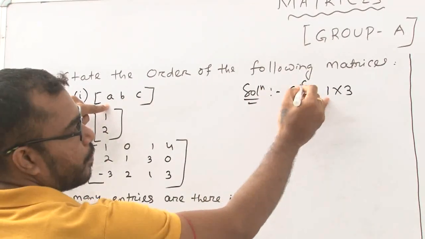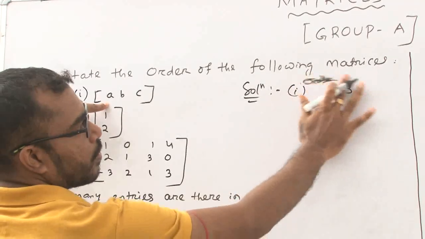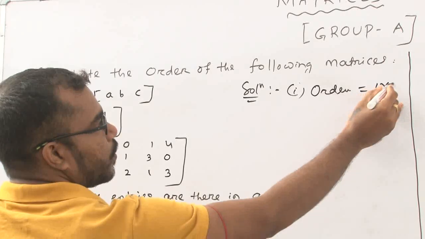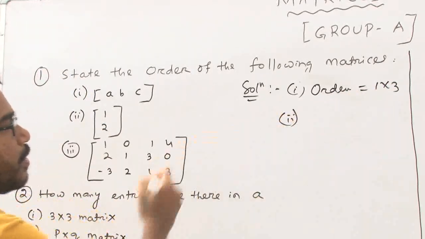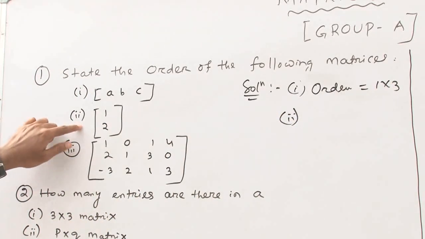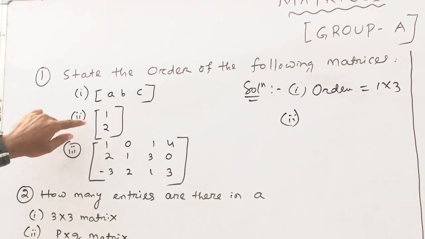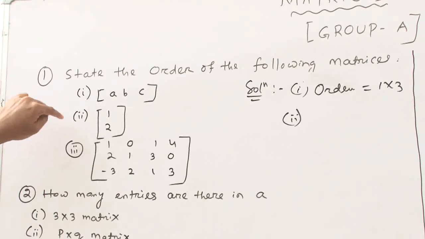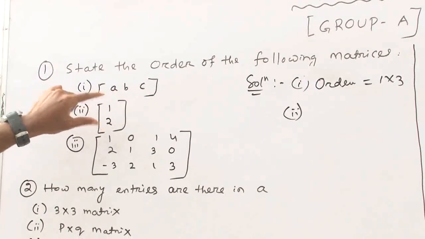Its order is 1 into 3. Similarly, we can say the order of the second one, first we have to choose rows and then columns. So it has 2 rows and 1 column.